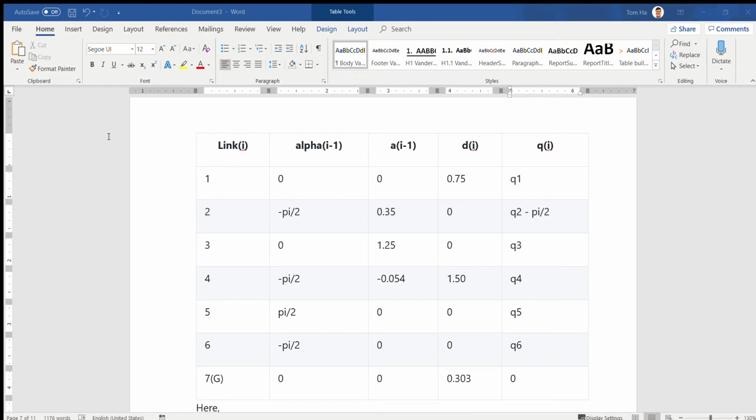After that you replace them with the values you want to create results. And after that you define the transformation matrix from frame 0 to frame 1, 1 to 2, 2 to 3, and multiply all the frames. You create the homogeneous transformation matrix.